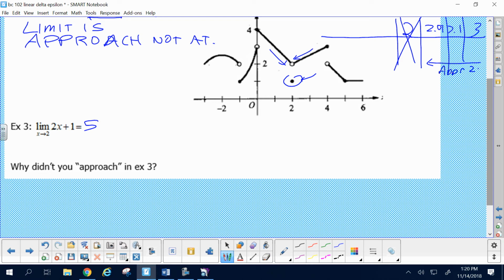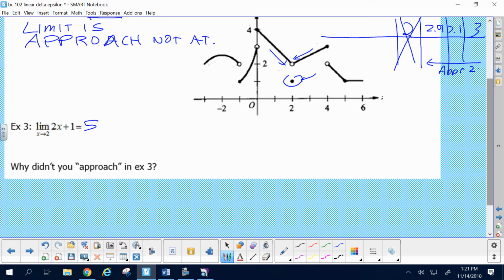Now, this is always a fun exercise in core logic. You say that the limit is 5 because you can direct substitute. And the reason you direct substitute here is because you know that graph is a line and therefore continuous, okay? You went straight there because you know it's continuous, right?